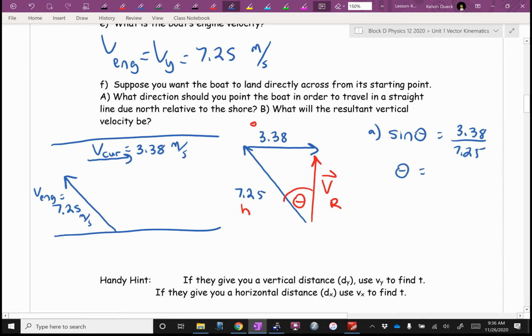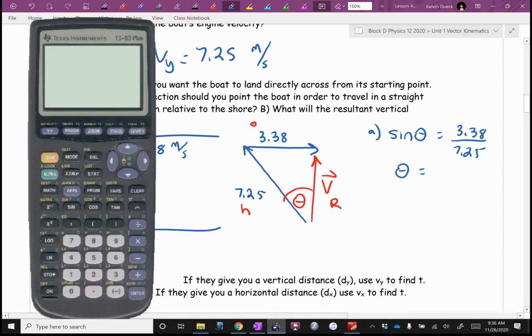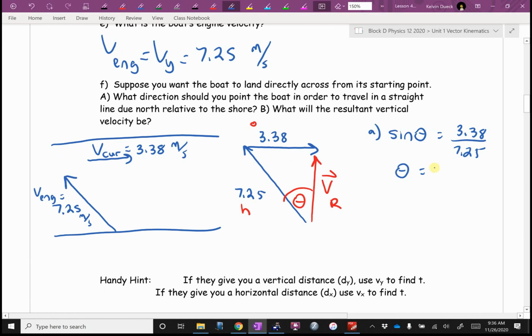I don't think you get 65 degrees. Do you? No. What do you get? 27.8? Yep. What of what?